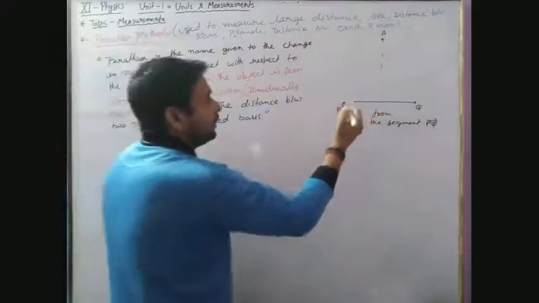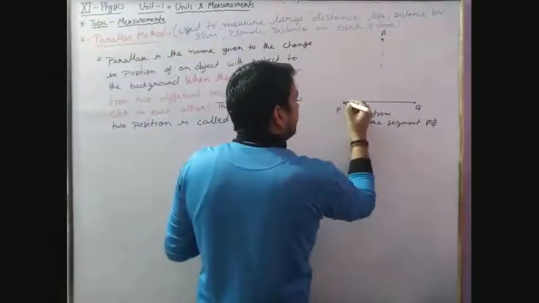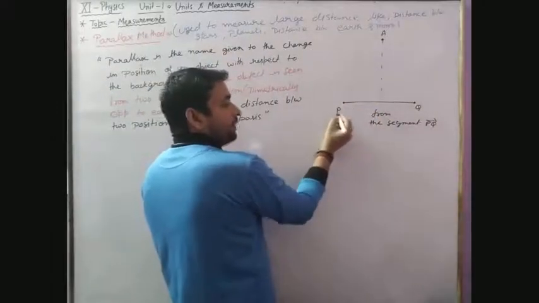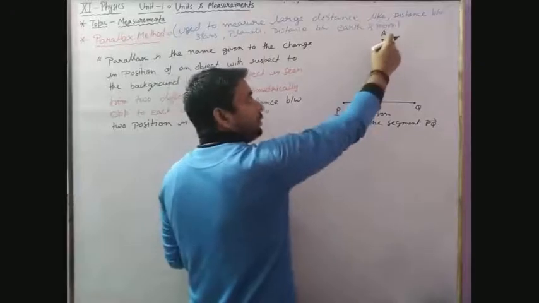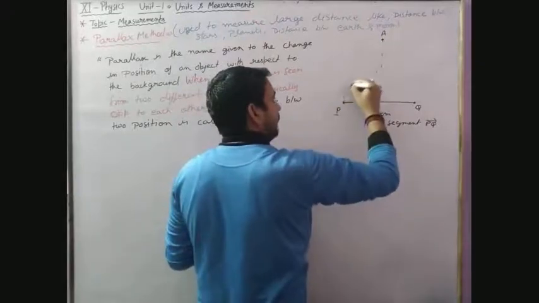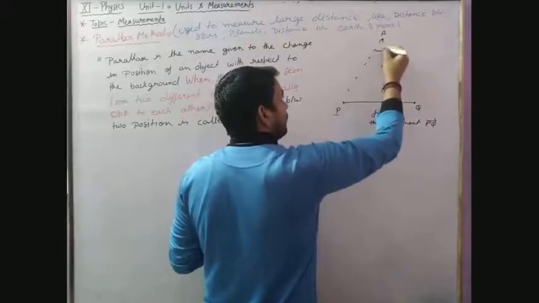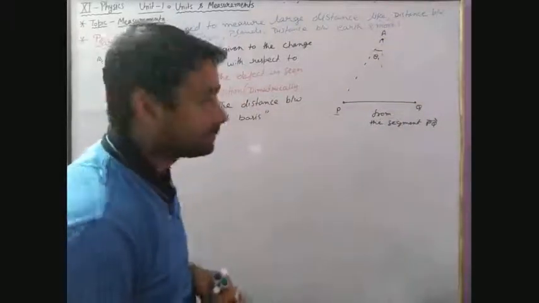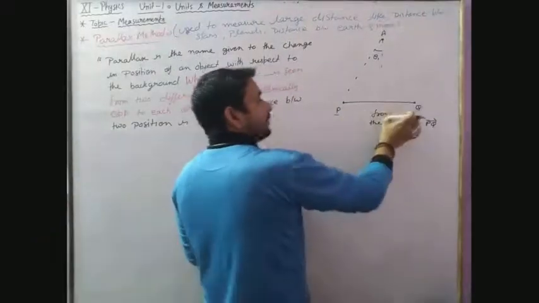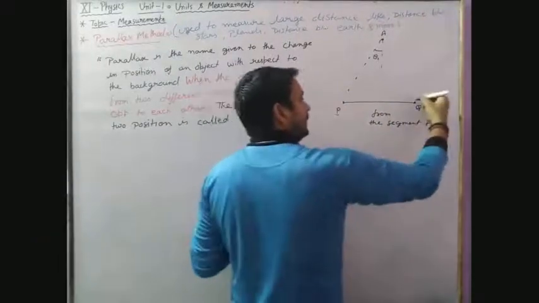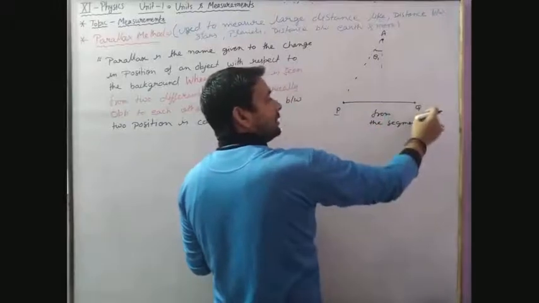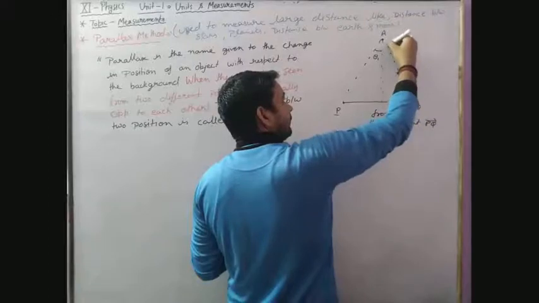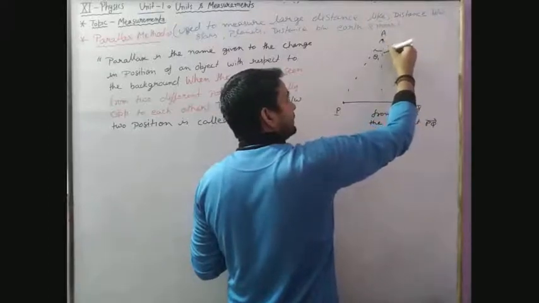So what we do here is we see from point P to the object A and observe that an angle is formed. Let's say this angle is theta 1. Then after some time we see the object from the point Q and observe this angle theta 2.